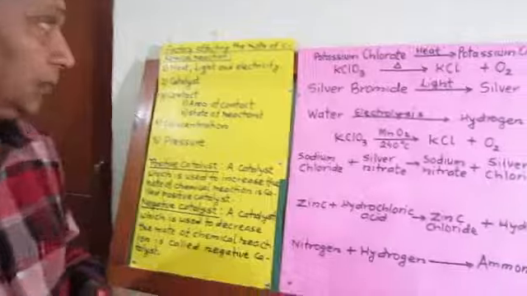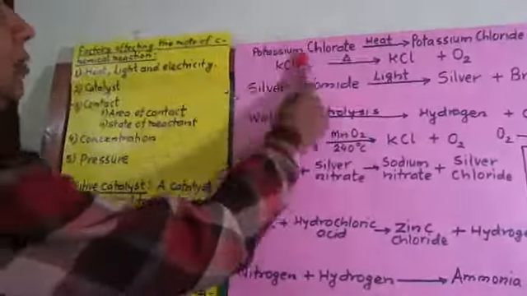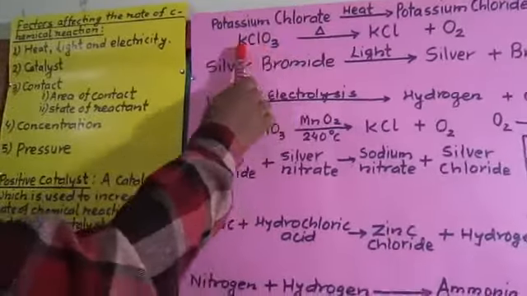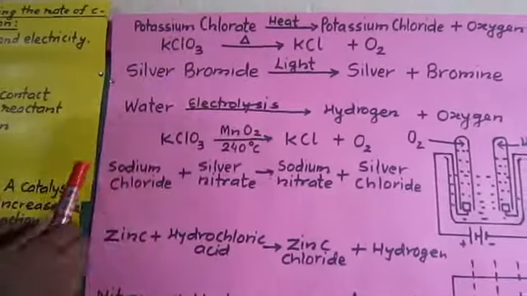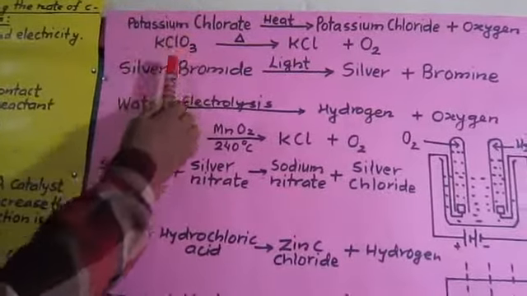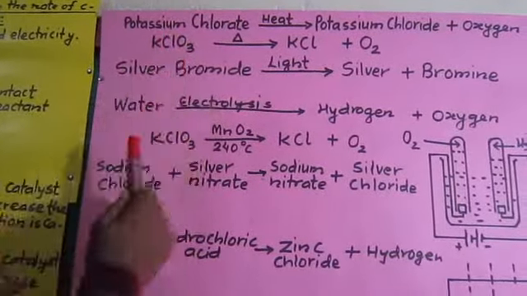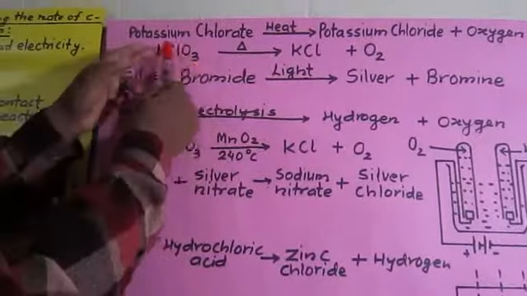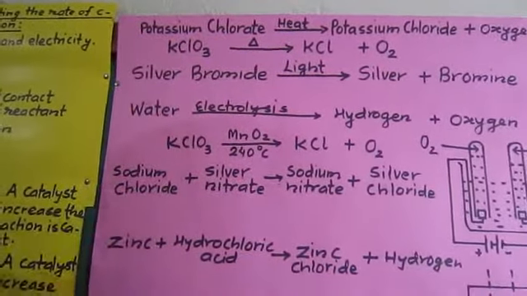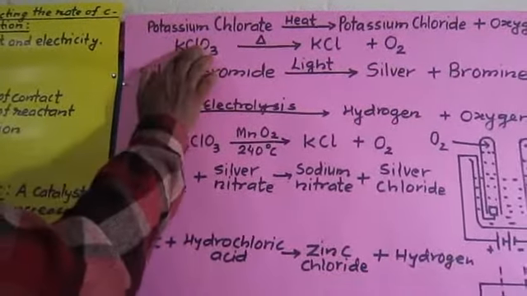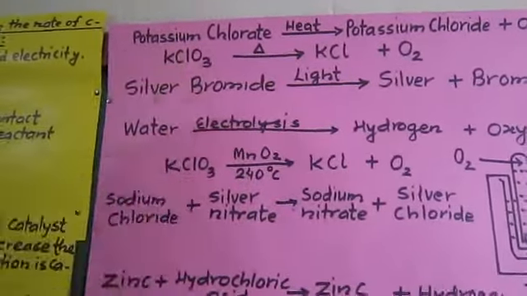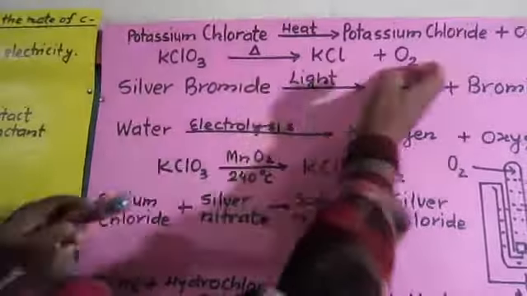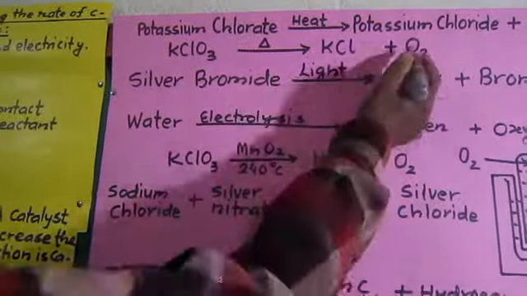For example, when potassium chlorate is taken in a test tube and is heated, the molecules of potassium chlorate begin to vibrate faster, and because of this fast motion, the number of collisions and the force of collision become more, and it decomposes into potassium chloride and oxygen gas.